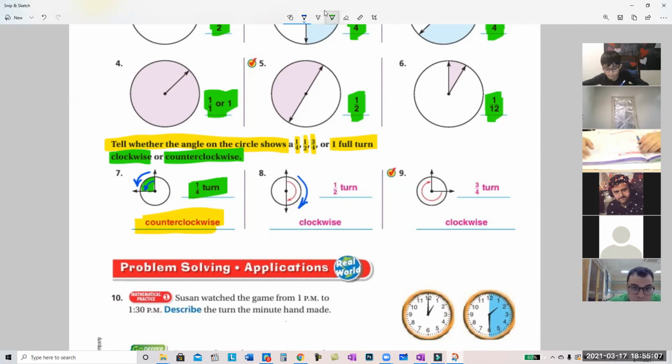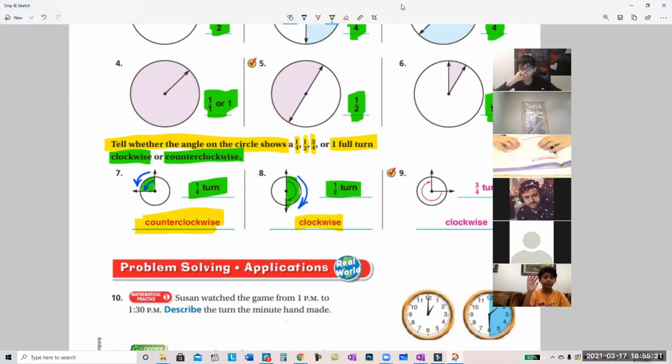Yeah, it's clockwise. Great. Now, let's shade the part with the arrow here. So is it a half turn or quarter turn? Half turn, excellent. Half.